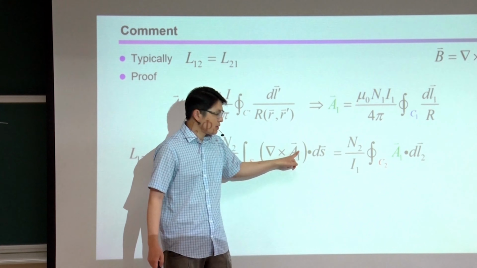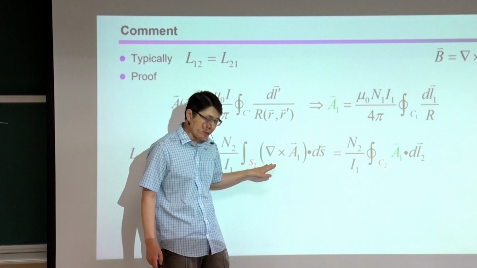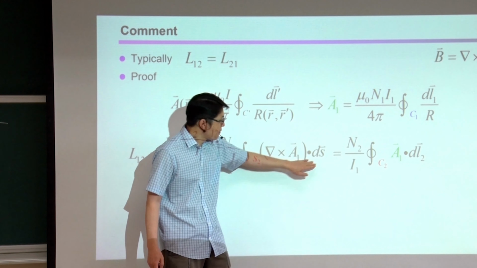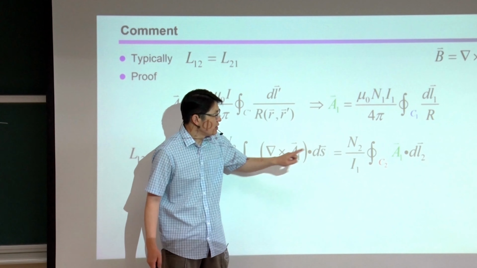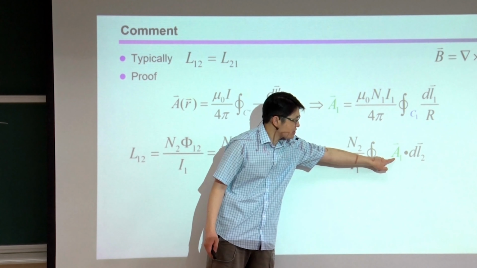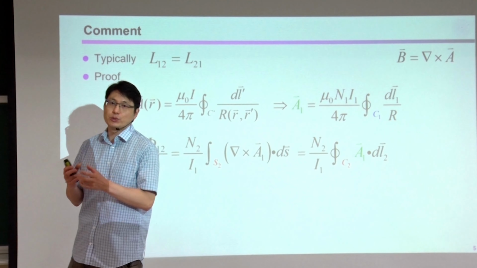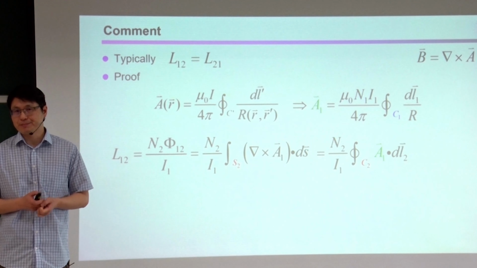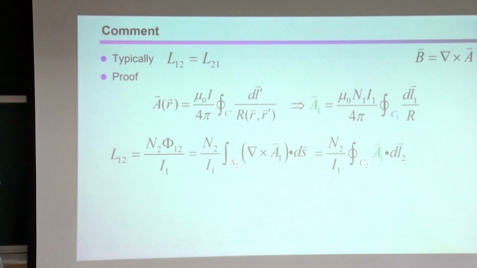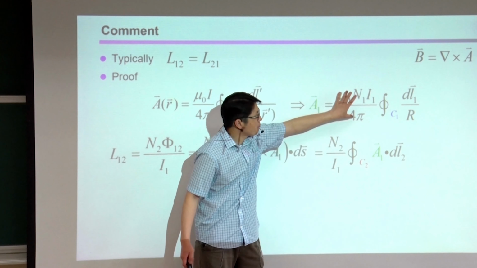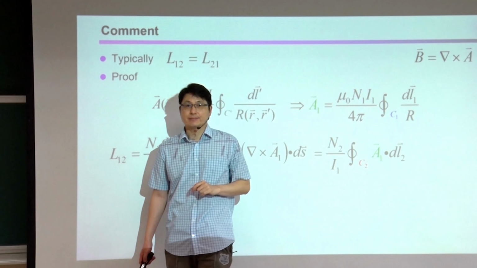Well, this, by using Stokes Theorem, curl operation of a vector making a surface integration is equal to the vector itself evaluated over a closed loop. That's Stokes Theorem. Okay? Now we can replace A1 by using this formulation.